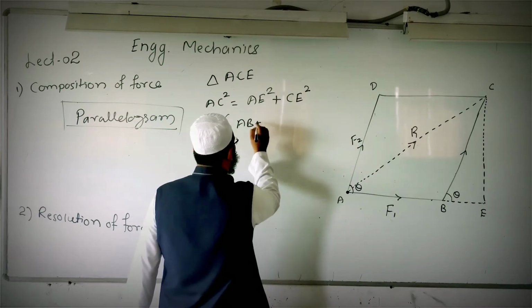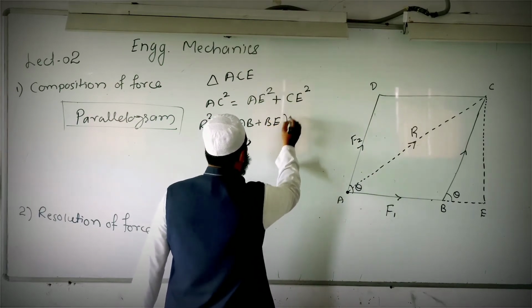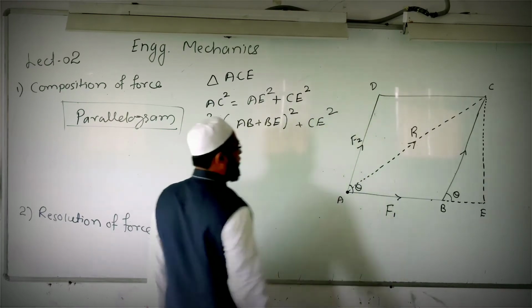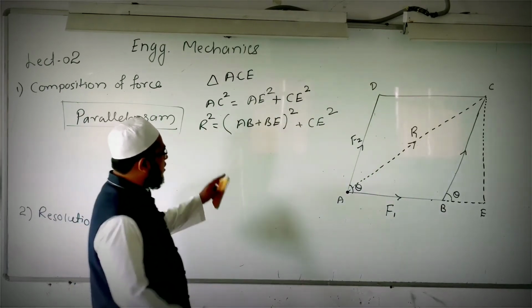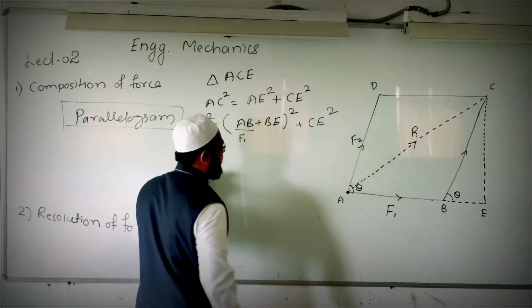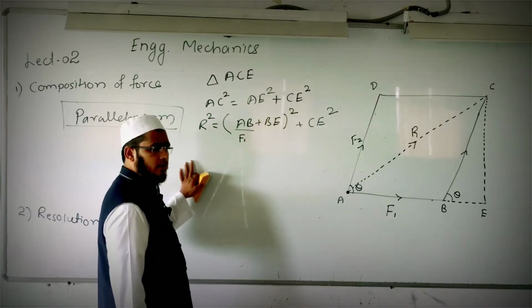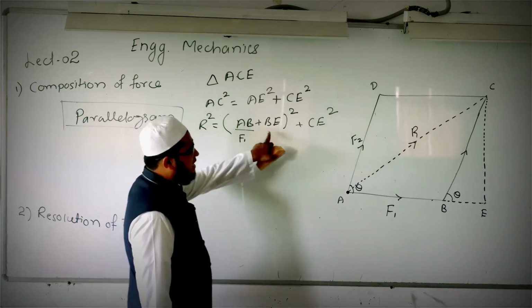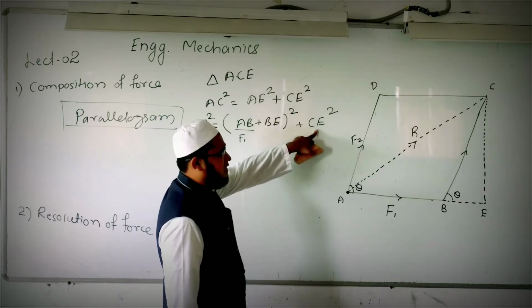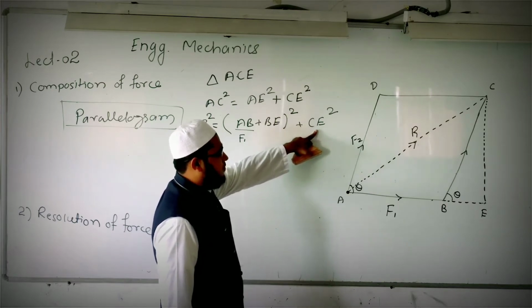Therefore I will write (AB plus BE) square plus CE square. But we know that AB is represented by F1, but the value of BE we don't know, and similarly the value of CE we also don't know.